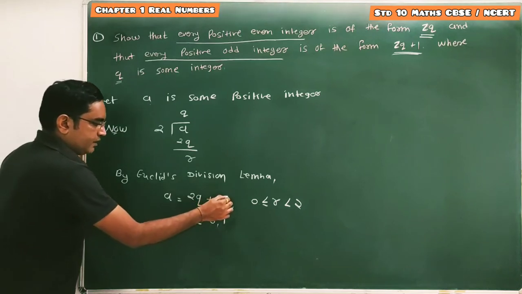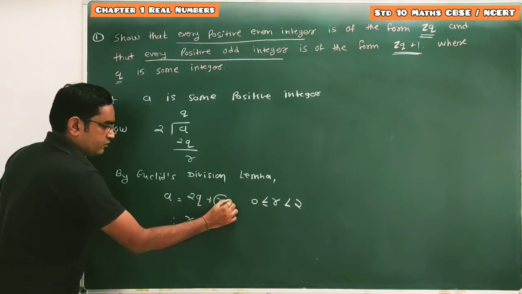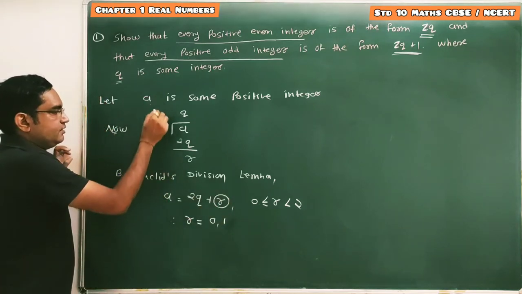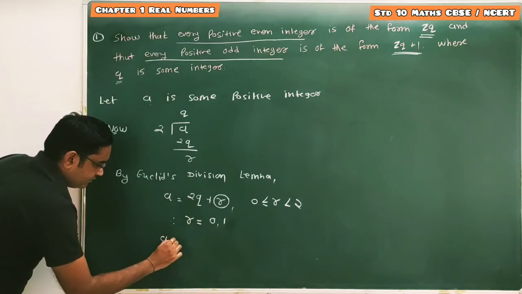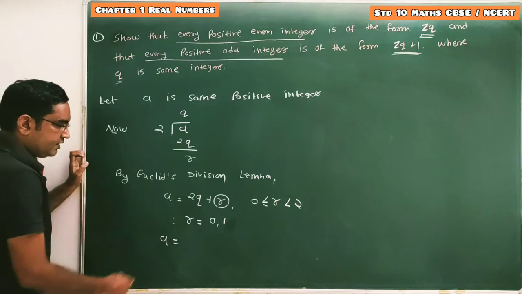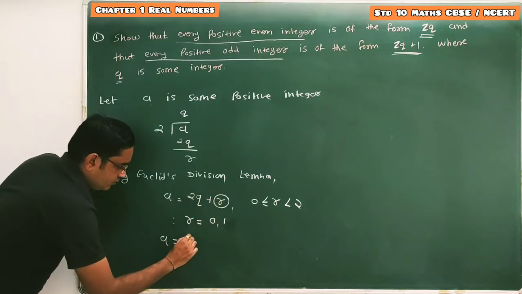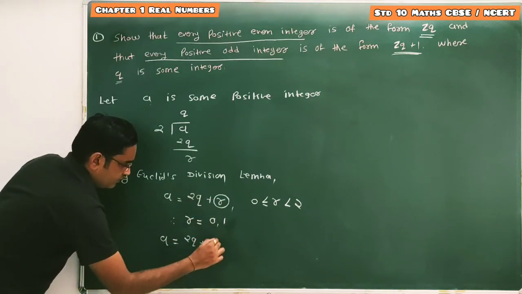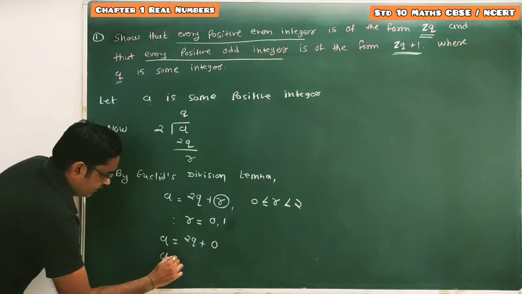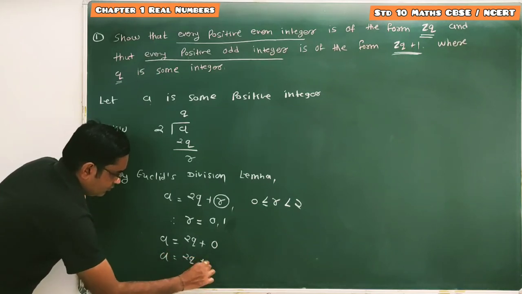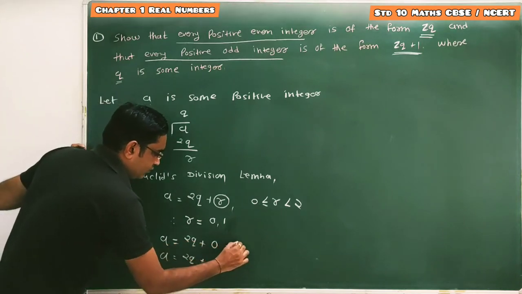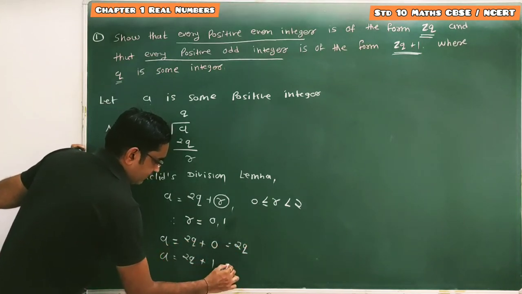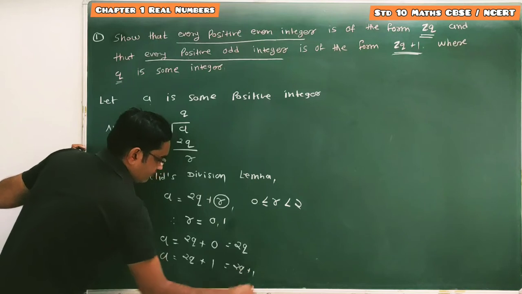So we can replace this r with two possible values on dividing this number a by 2, and therefore we can write this positive integer a as 2q plus 0, or a is 2q plus 1.